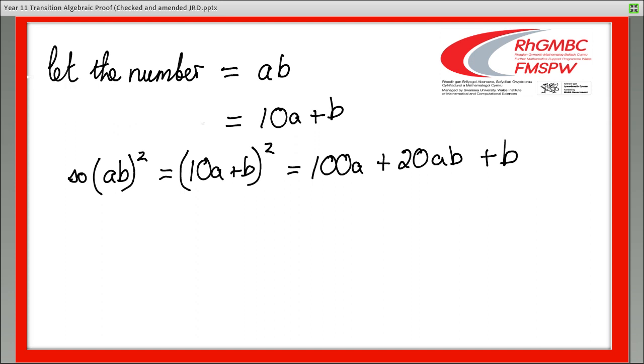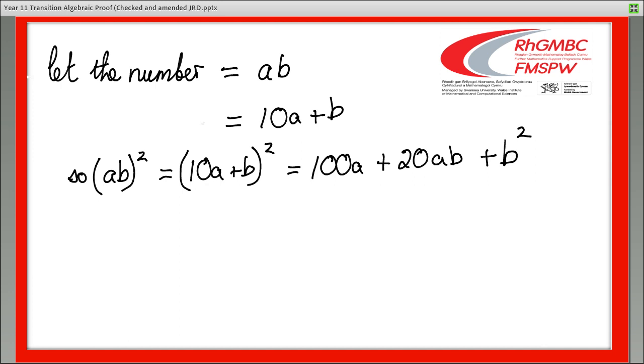Now, if we think about the work that we've done starting back at primary school, a single digit multiplied by 100 gives me a 0 in the units column. So that has no implication to what's happening in the units column. A times B multiplied by 20 again puts a 0 in the units column.